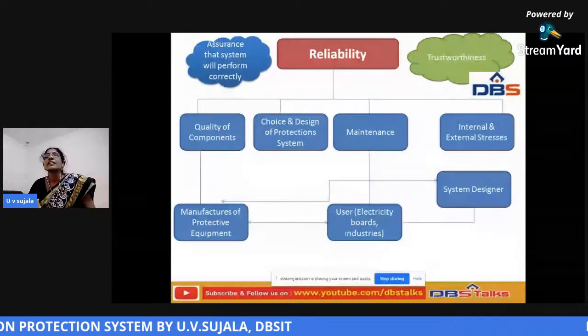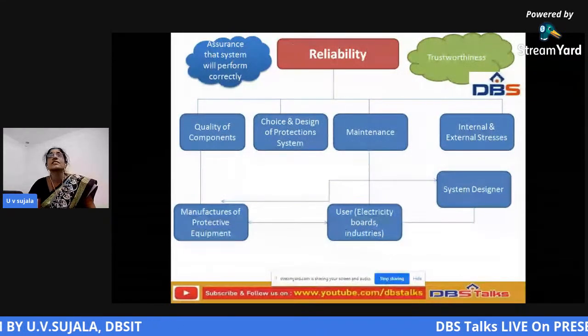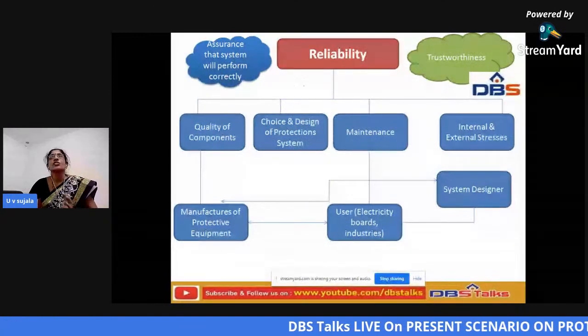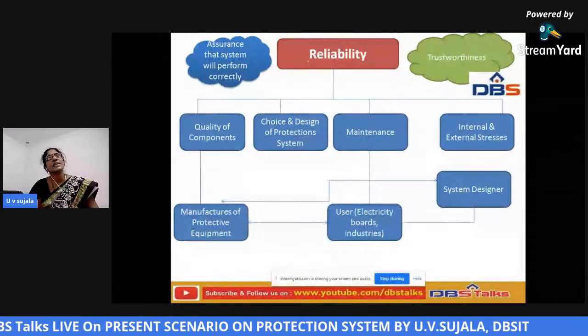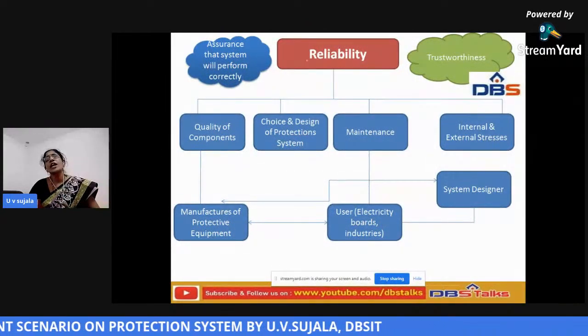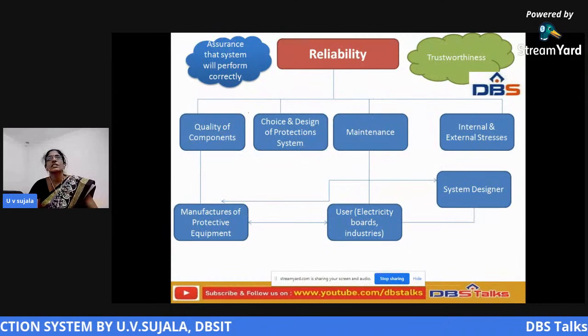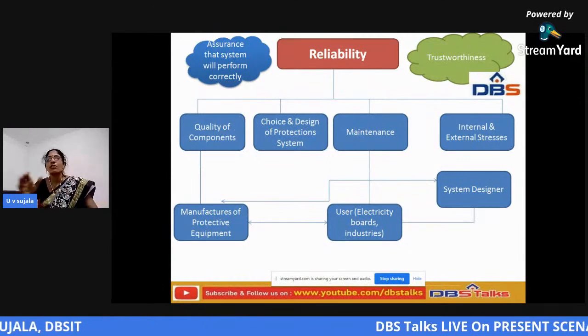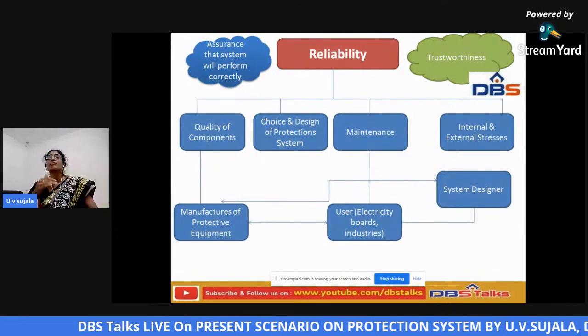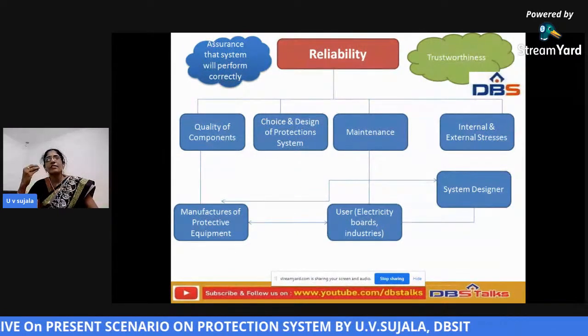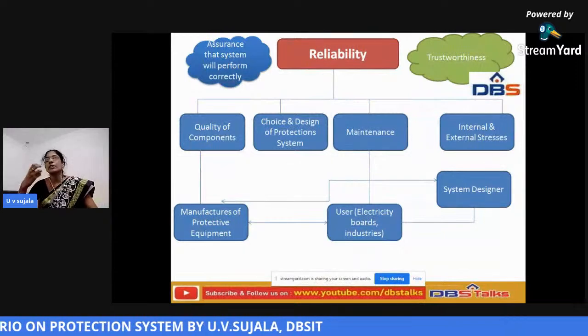That is the trustworthiness: assurance that the system will perform correctly. So we have to check the total system before the start of any system. That means the quality of the components. You have to check the quality of the system before we design the protective system.